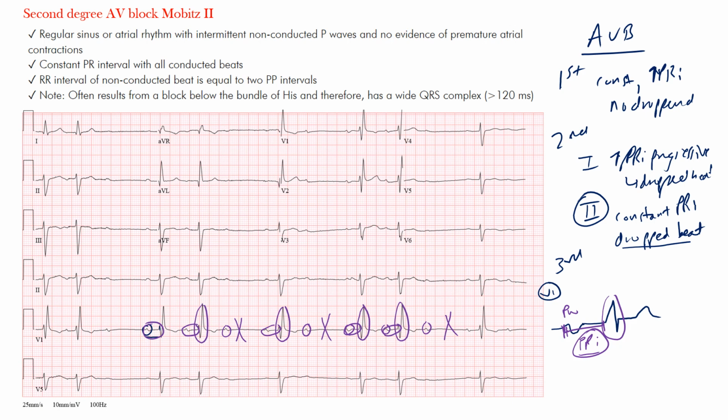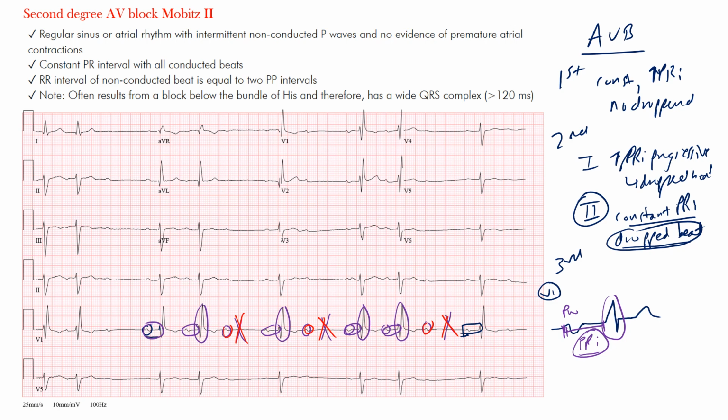So notice that you have just a P wave and then there's no beat. But every time you do have a beat, you have a P wave with a normal PR interval. So there's no prolongation of that, as we saw with the previous one. Now if it is prolonged, it'd be constantly prolonged. So that's the main thing: it's a constant PR interval, and then you have these intermittent dropped beats, as we see here.